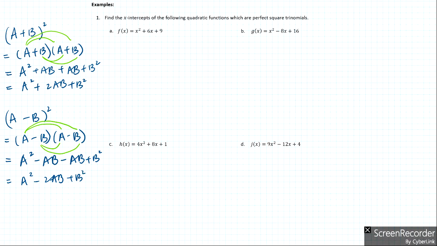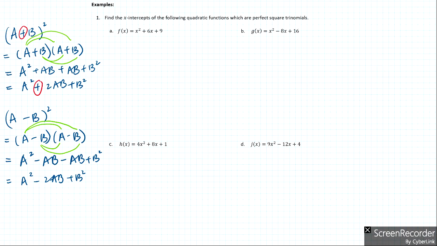So anytime we have a trinomial that resembles a squared minus 2ab plus b squared, we know it is a perfect square trinomial, and it can be factored as a minus b, completely squared. Notice the only difference between the two: if you had addition in the factored form, the linear term in the trinomial before factoring should have a plus sign as well.